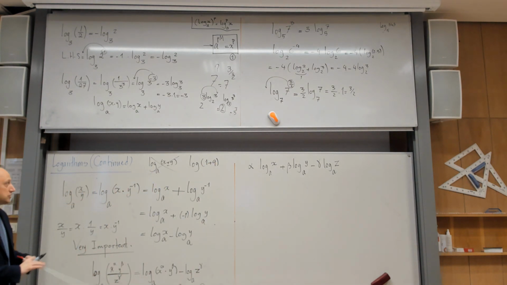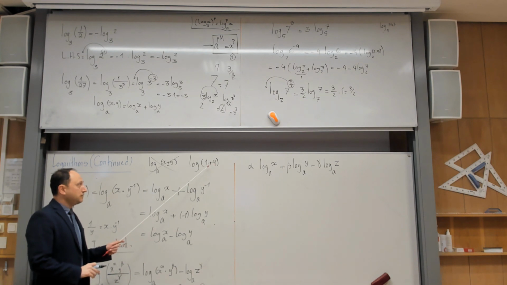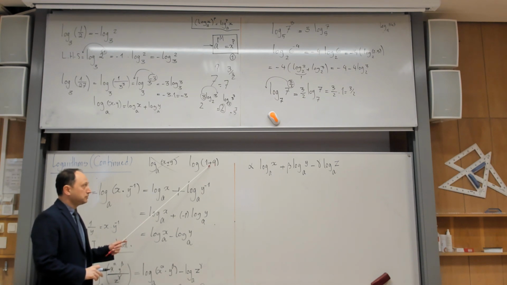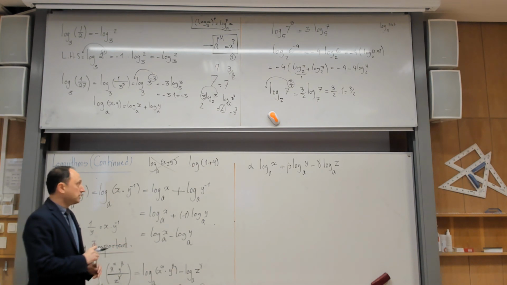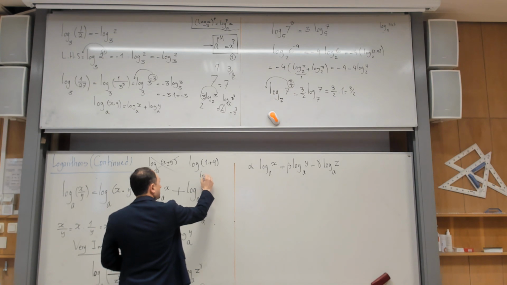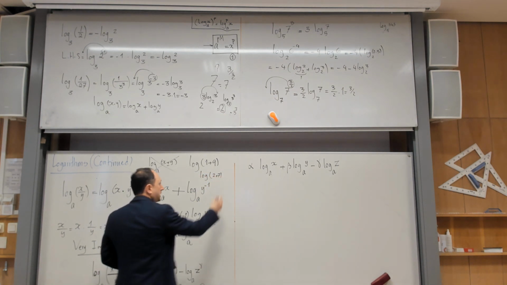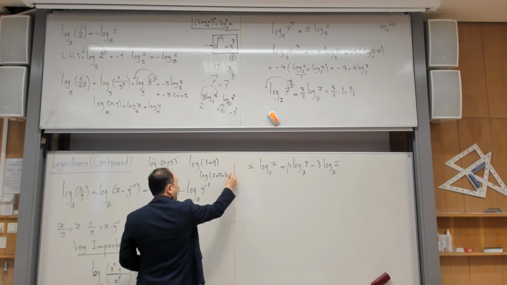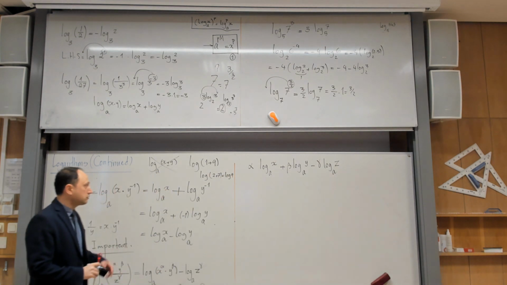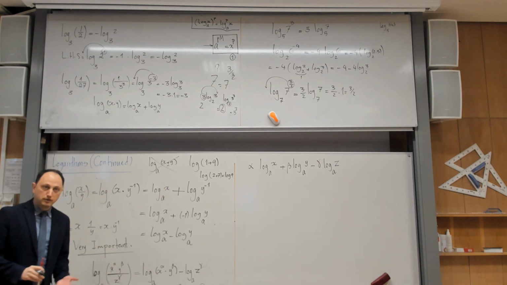That's 1, because this bracket means giving priority to this addition operation. 1 plus 9 is 10, so I want to calculate log of 10, which is 1. But if I ask you what is log of 2 plus 7, then at most you can write log of 9, nothing else. You cannot write log of 2 plus log of 7 or whatever.